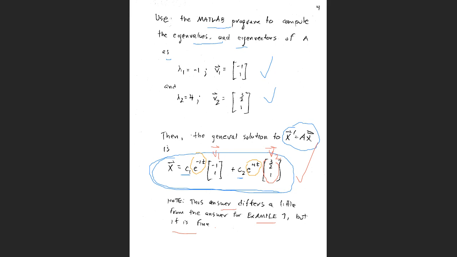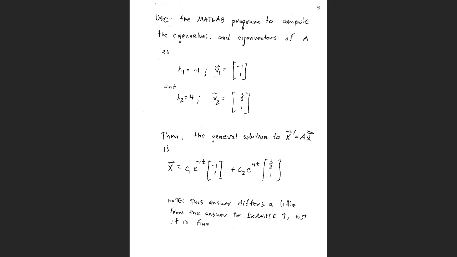Any multiple of an eigenvector is itself an eigenvector. You just multiply that vector by 2. And incidentally, the first eigenvector, the textbook has it as 1 and -1. We have -1 and 1. If you multiply that eigenvector by -1, you'll get what the textbook has. But it's okay, you don't have to get the same answer as the textbook.